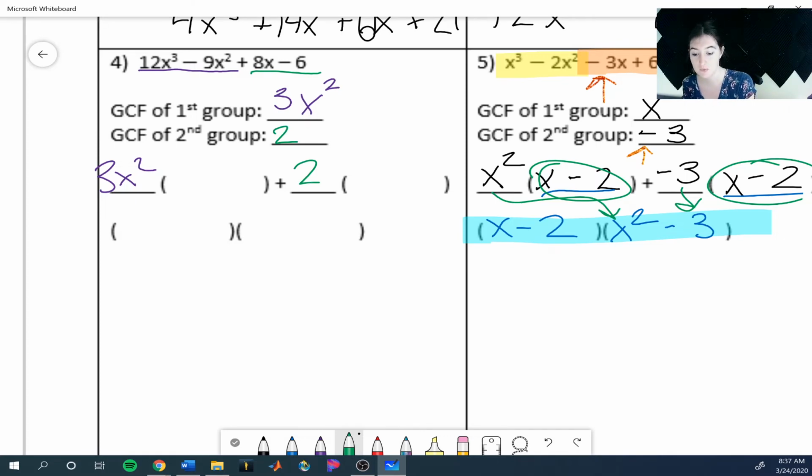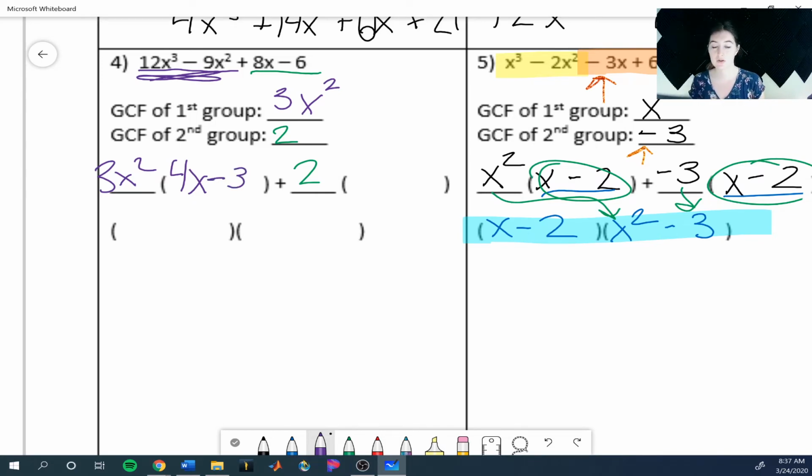Now 3x squared, if I take out 3x squared out of this guy up here again, 12 divided by 3 is 4. X cubed, I'm taking away x squared, so I have 1x. Now, negative 9x squared, 9 divided by 3 is going to be a negative 3.